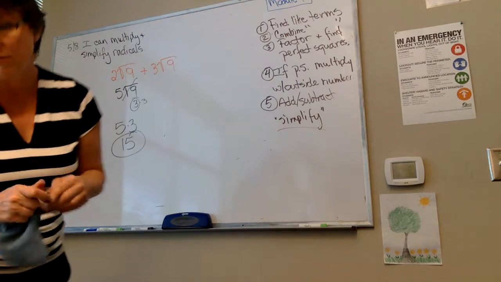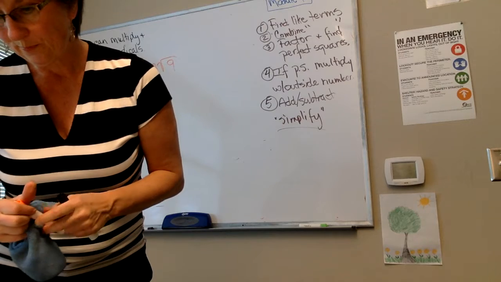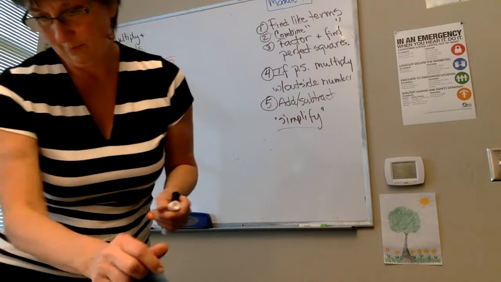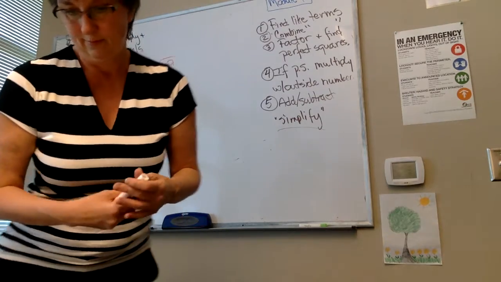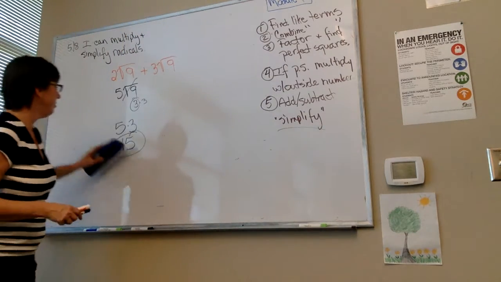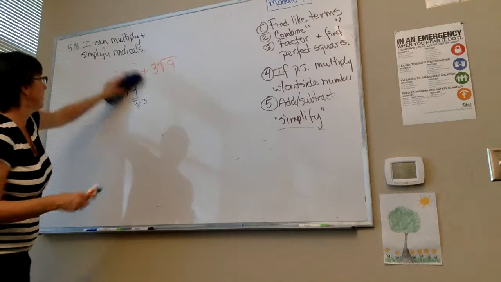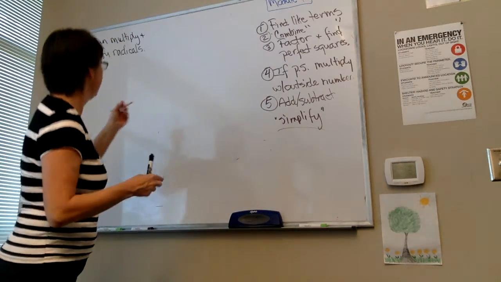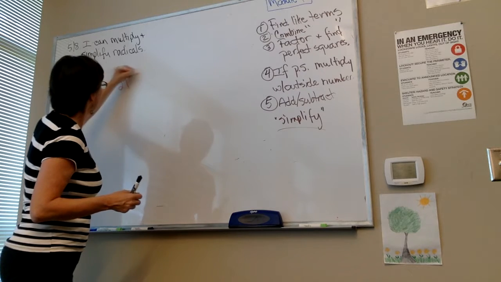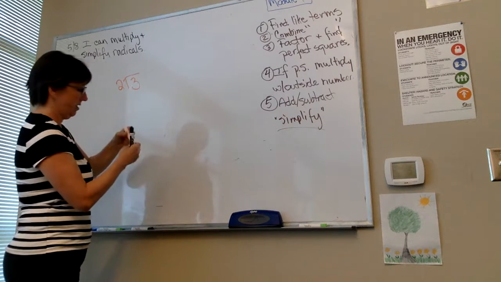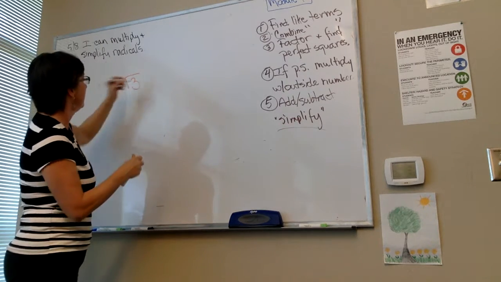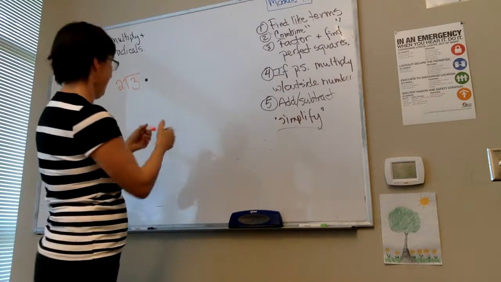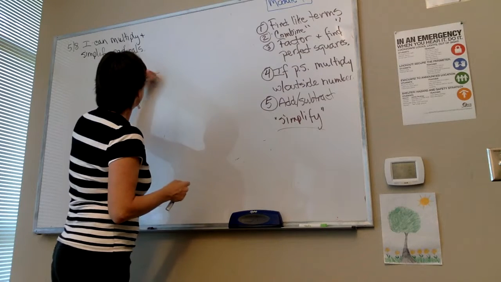I think this is too easy for you guys. What about when you're multiplying together? So if we're taking a number like 2 radical 3 times 5 radical 3. 2 times 5.